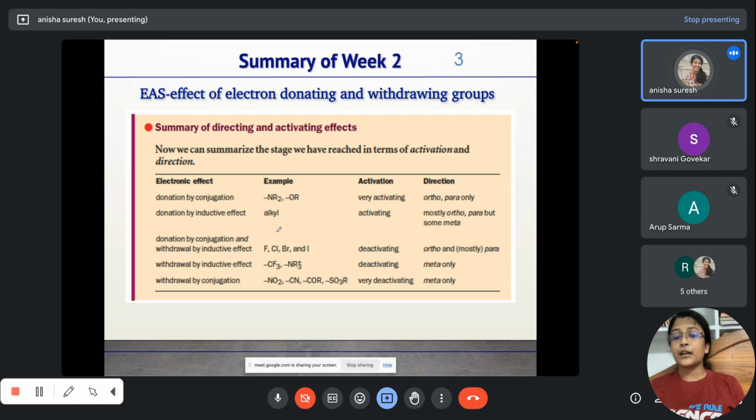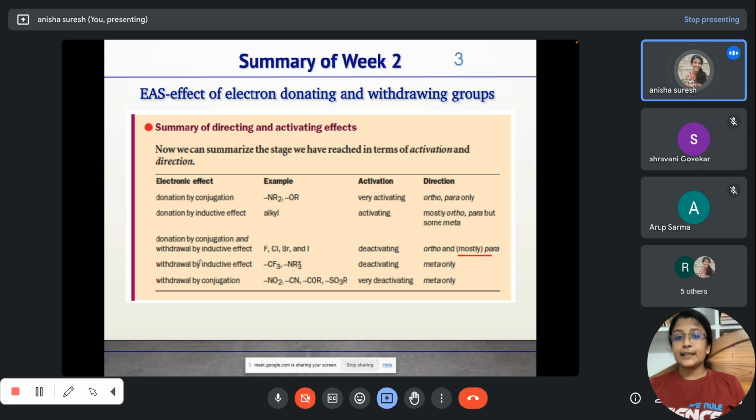So these functional groups are deactivating in nature in electrophilic aromatic substitution. They undergo ortho and para substitution, mostly para.